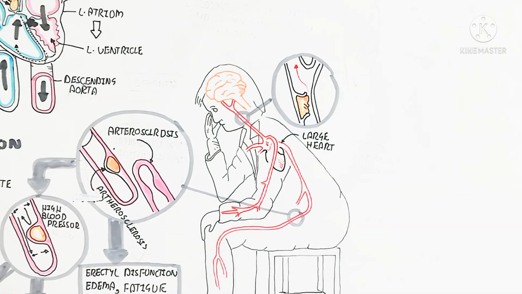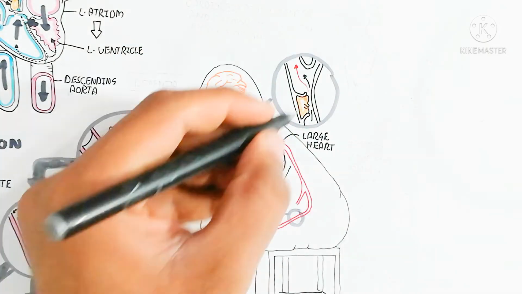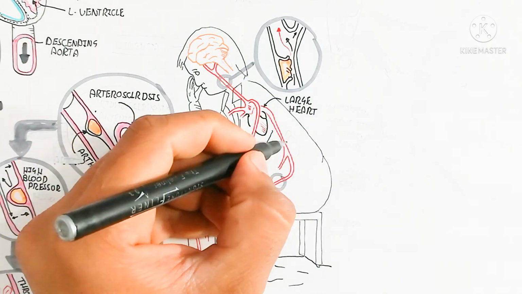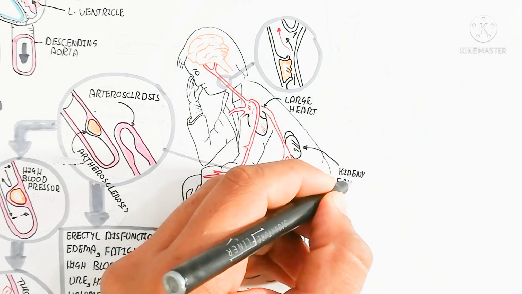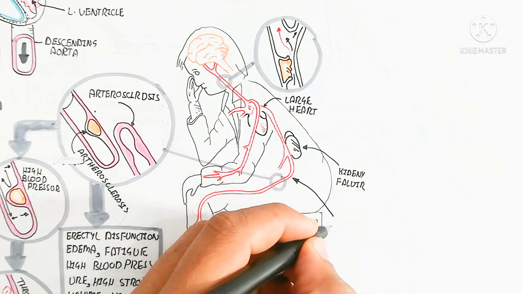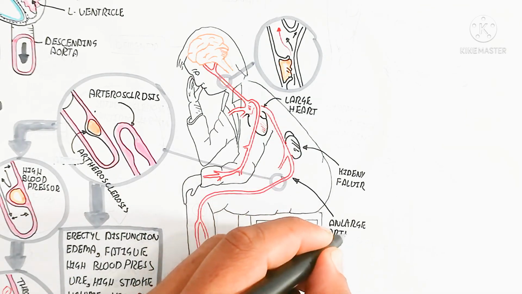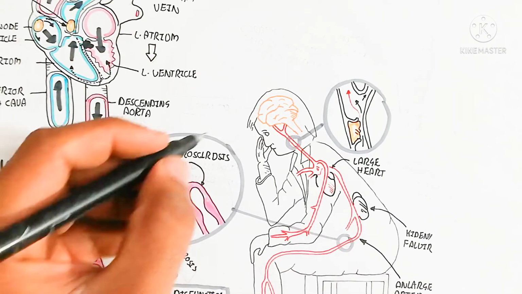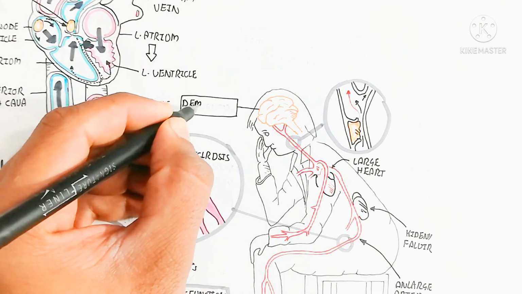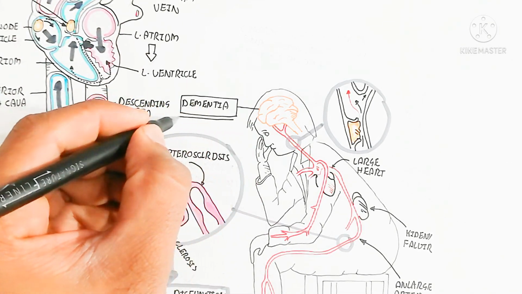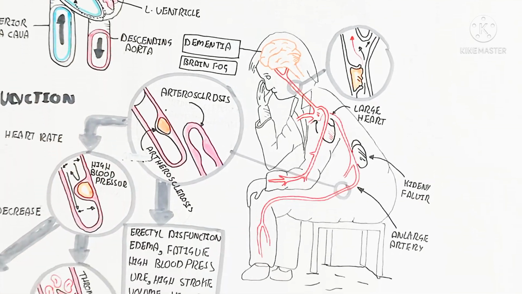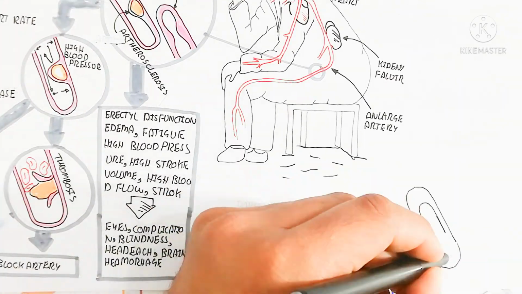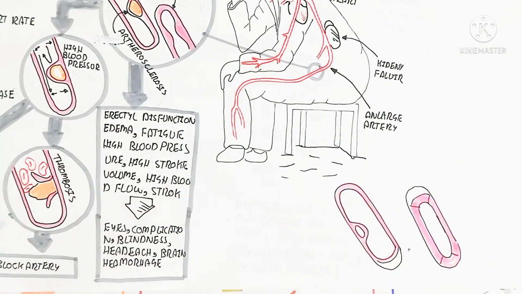thrombosis will occur. This thrombosis will move upward toward the brain side, where the narrow capillaries are present. So the cardiac output will be more, so the rupturing of the small capillaries in the brain will lead to brain hemorrhage, dementia and brain fog.